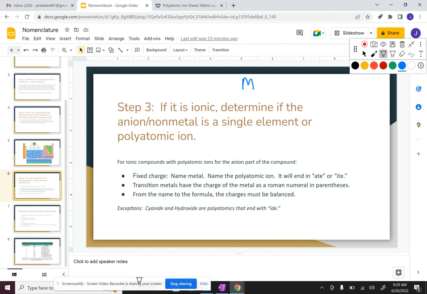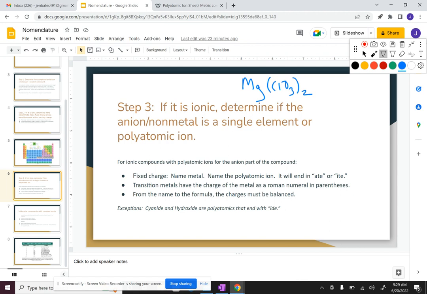If you are given Mg and then in parentheses ClO3, end parentheses with a 2 on the outside, the rules to naming this are pretty much the same with a couple of little tweaks. It's pretty much the same as with the single element anions.